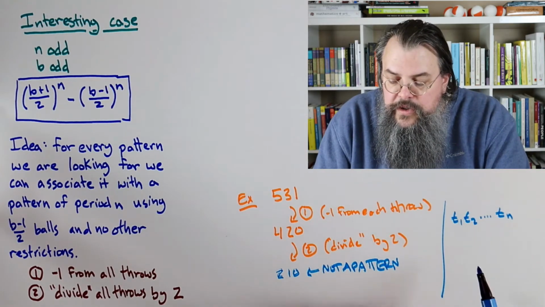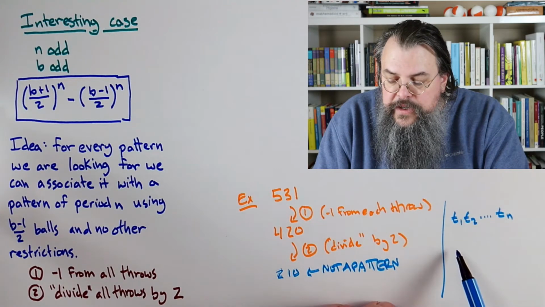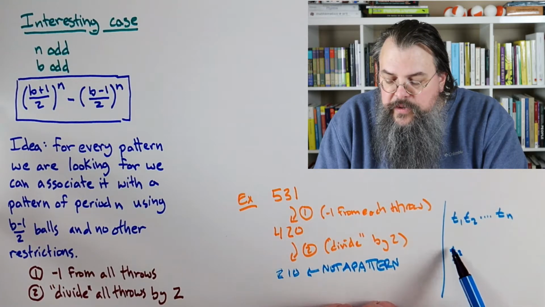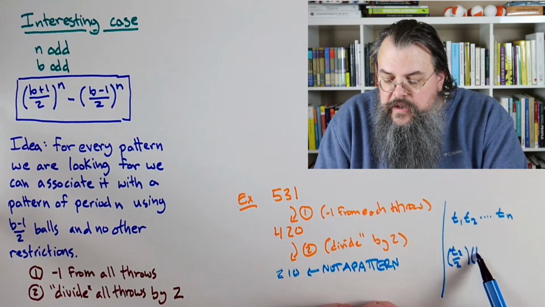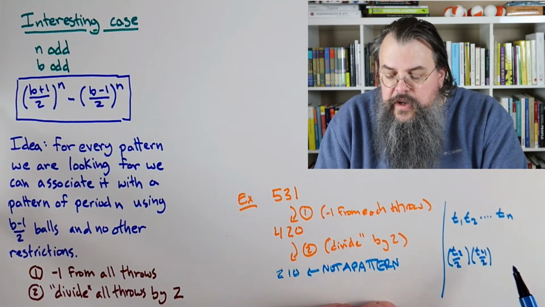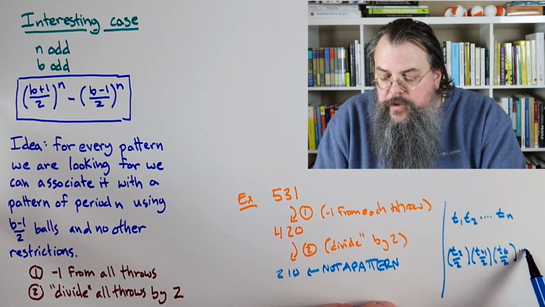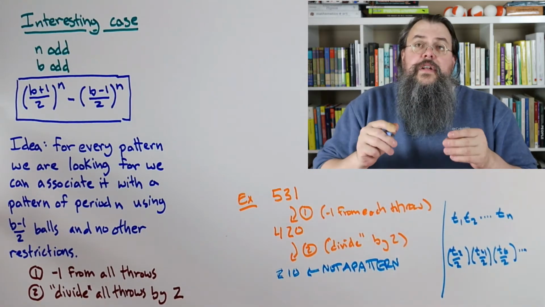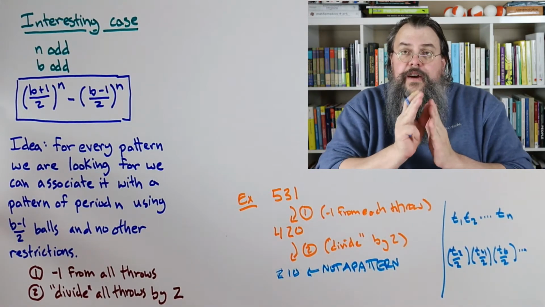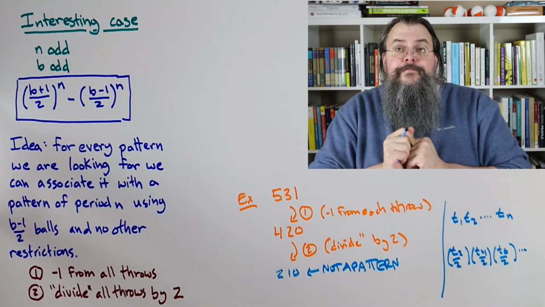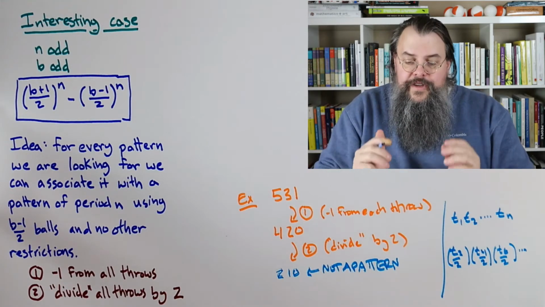So what we do is we rearrange in the following way. We're going to take T2 over 2 as the first one, then T4 over 2 as the second one, and T6 over 2 as the next one, and so forth and so on. So, in other words, we're going to take every other one. So, how does that translate here?